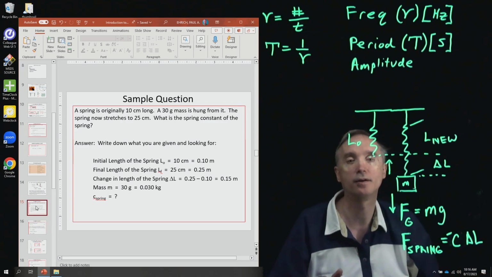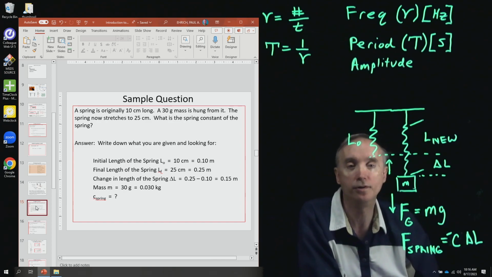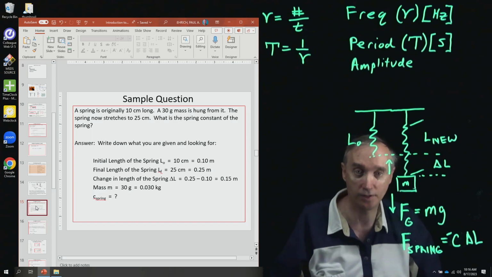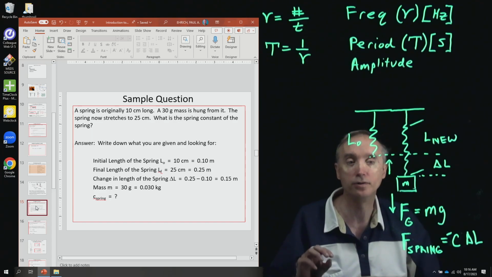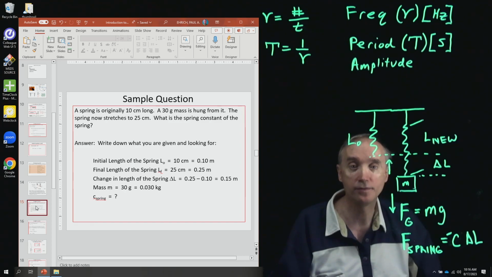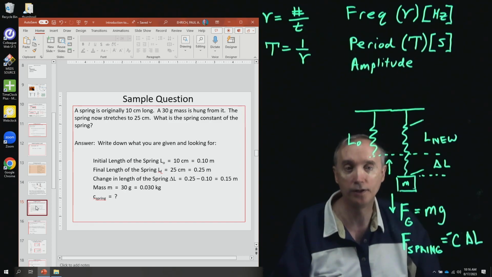So the first step is you're always going to write down what you're given and what you're looking for. The initial length of the spring is 10 centimeters, but that's the wrong unit. We always want to use official metric units, so it's going to be 0.10 meters. The final length of the spring is 25 centimeters, so that's 0.25 meters.